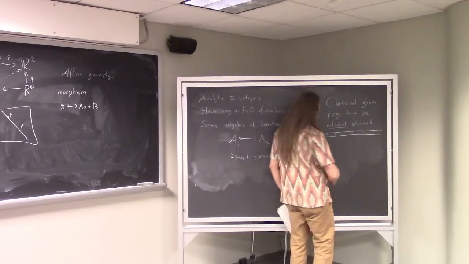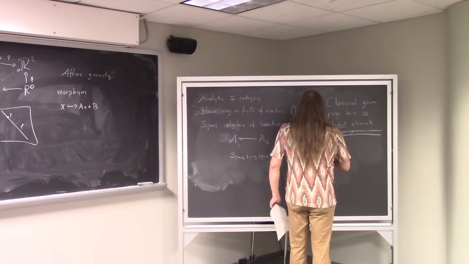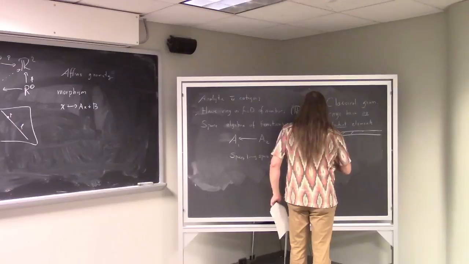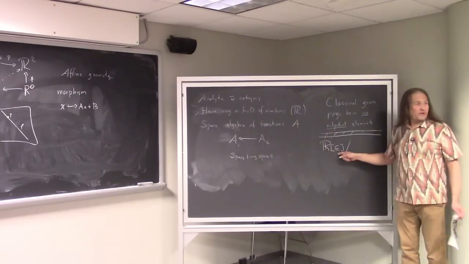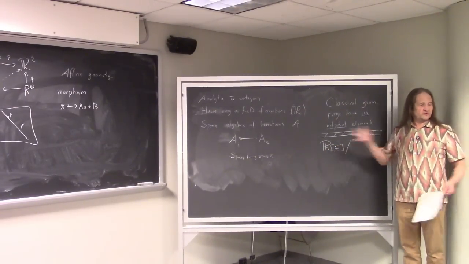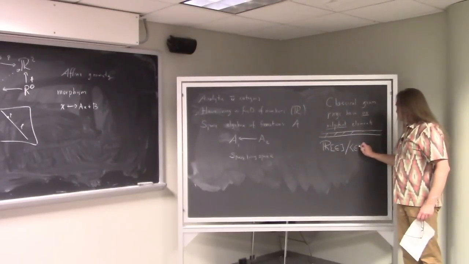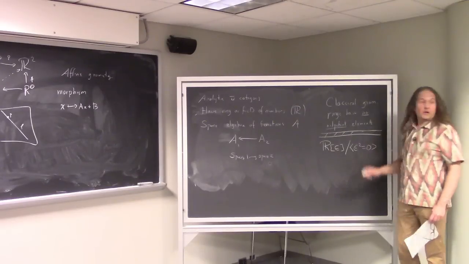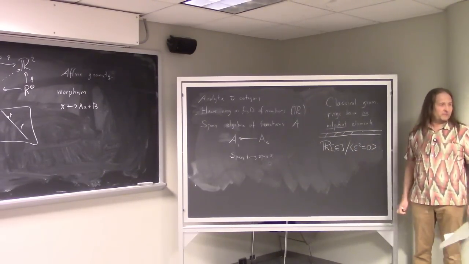I'm going to take my real numbers, add one generator, and put one relation, which is to put the square of it to 0. So that's clearly nilpotent. I multiply it by itself, I get 0.